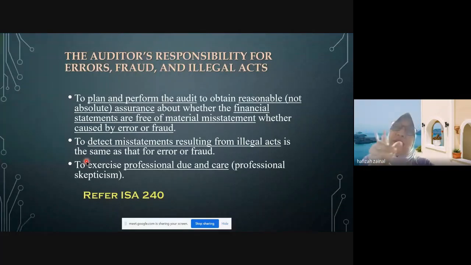It's two different job scopes. So that's why we are not allowed to help the client doing the accounting work, whatever the table, whatever the supporting appendix. If you want to do it for your own audit working paper, go ahead. But we should not give that to the client, because that is our workings, our work.